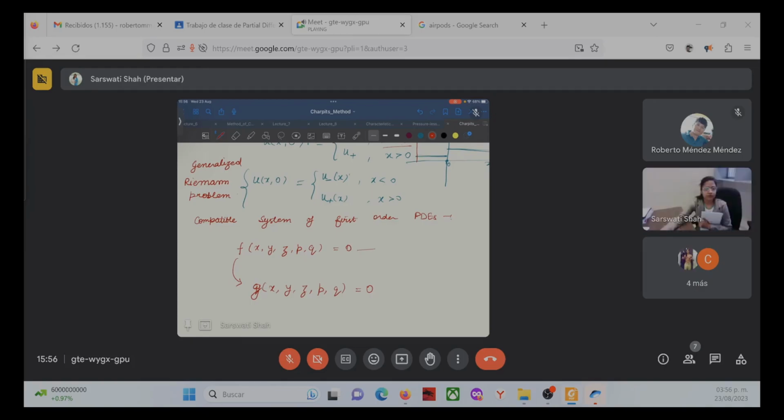They are compatible if they have a unique solution in common.